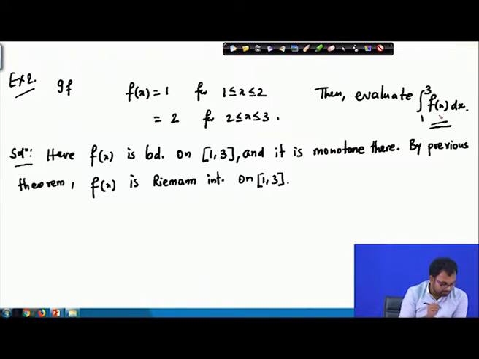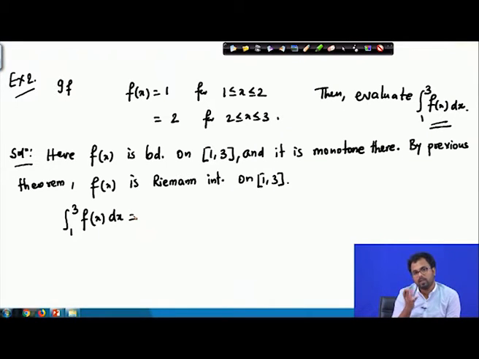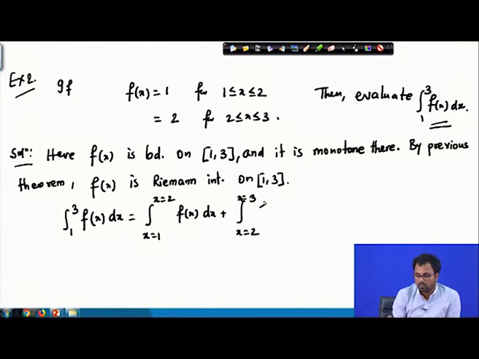we can now calculate this integral. So how do we calculate? We can write the integral from 1 to 3 of f(x) dx. Now remember, 2 is the point of discontinuity, so we divide the integral into two sub-integrals at the point x equals 2. So x running from 1 to 2 of f(x) dx plus x running from 2 to 3 of f(x) dx. Now between 1 and 2 f(x) is 1, and between 2 and 3 f(x) is 2.